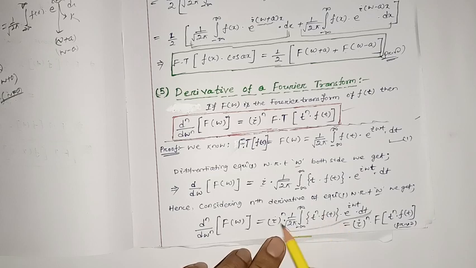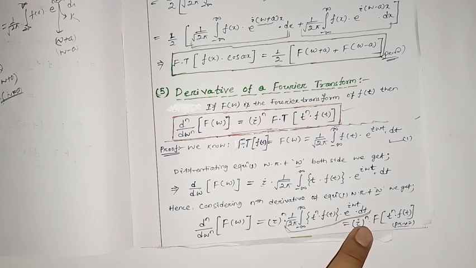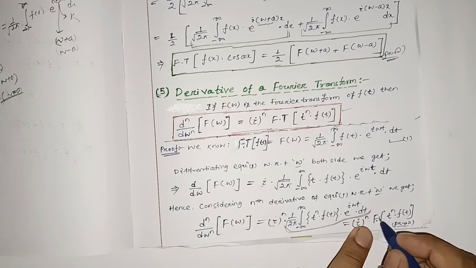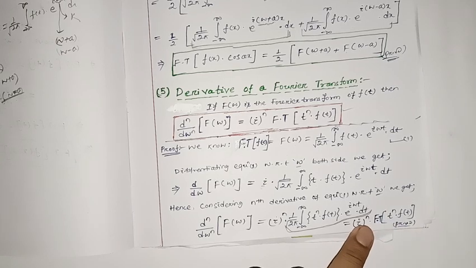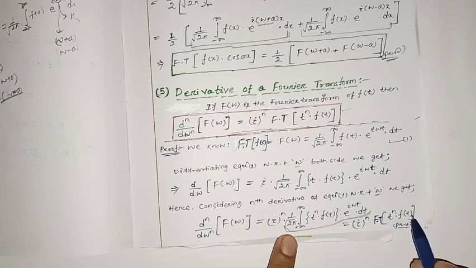So we can write this as I to the power n into the Fourier transform of t to the power n f of t.